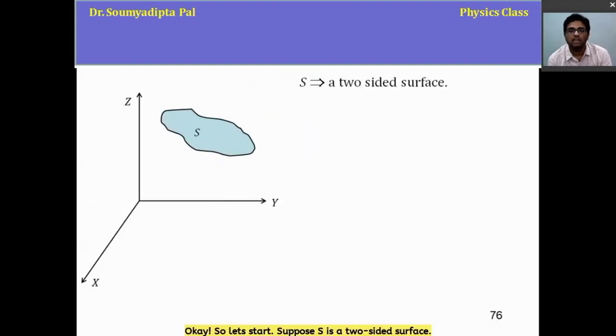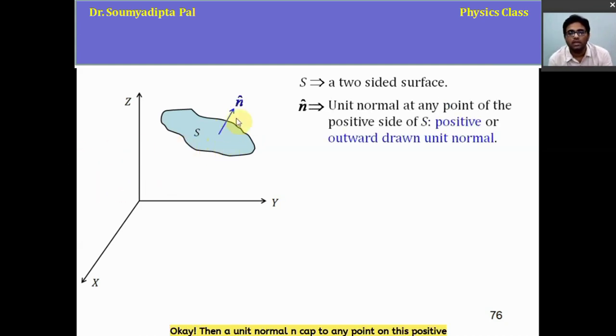Suppose S is a two-sided surface. Let's consider the upper side as the positive side, and if S is a closed surface, then this will be taken as the outer surface. Then a unit normal n cap at any point on this positive side of the surface is called positive or outward drawn unit normal.